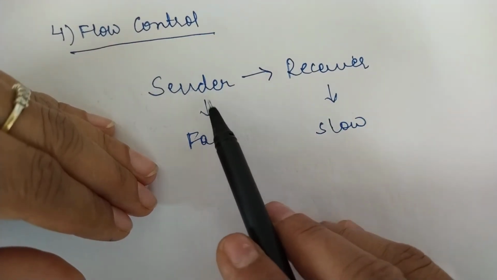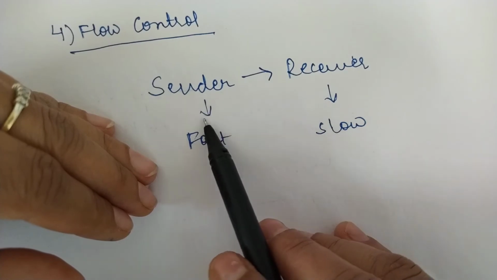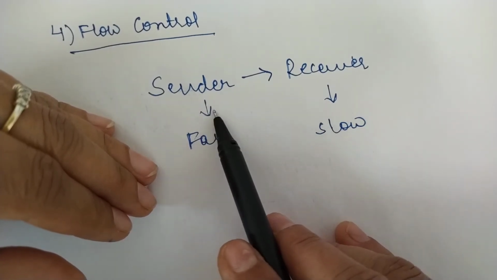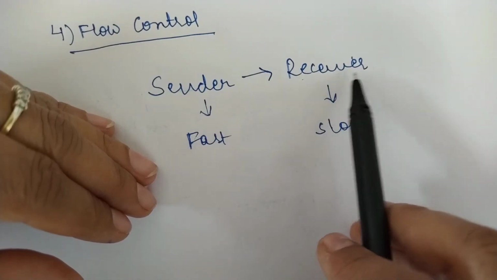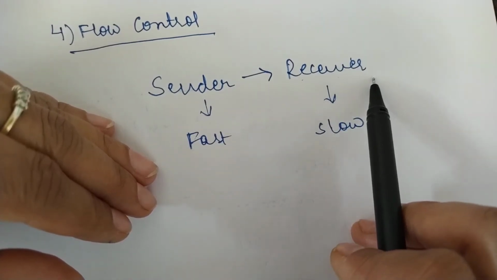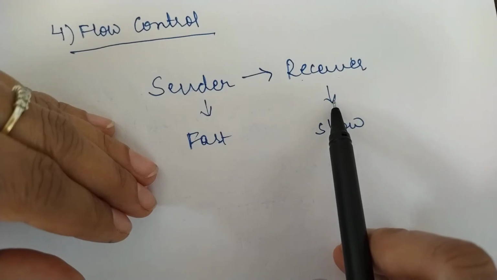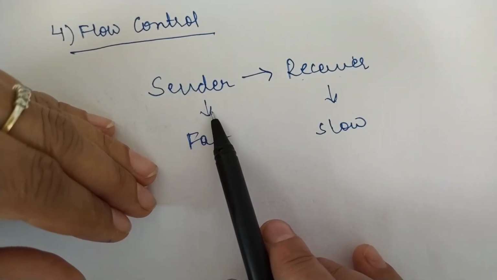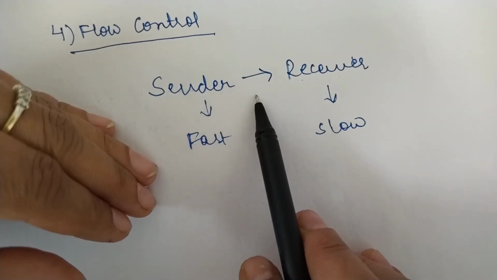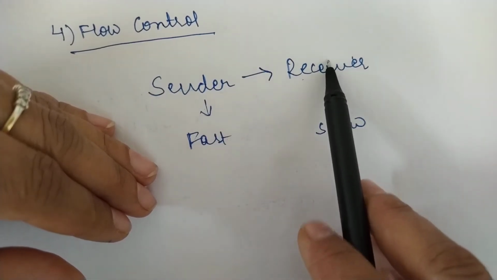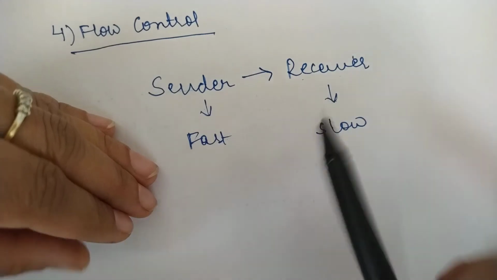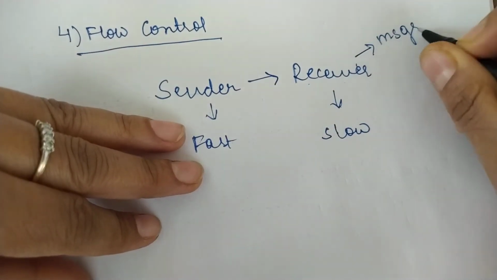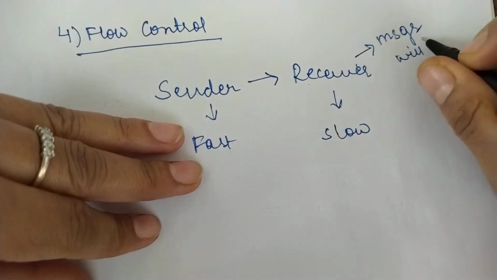Similarly, when there is a sender who is fast, that means the rate at which the sender transmits the data is much higher than the rate at which the receiver can receive data. So that means the receiver is slow but the sender is fast. So when the sender is sending messages at a faster pace than the pace at which the receiver can receive it, most of the messages will be lost.